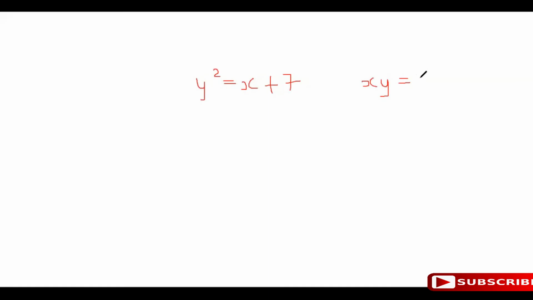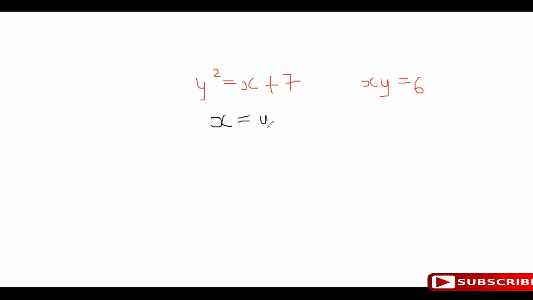So since they only want the y coordinates, we really don't need to find the x coordinates. We only need to find the y coordinates. This has a y squared in it, and I don't like y squared to be the subject. I like something simpler, x. So let's make x the subject.